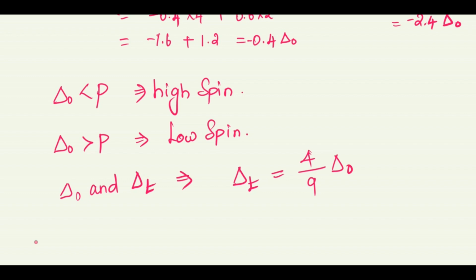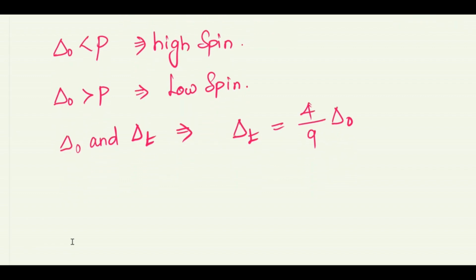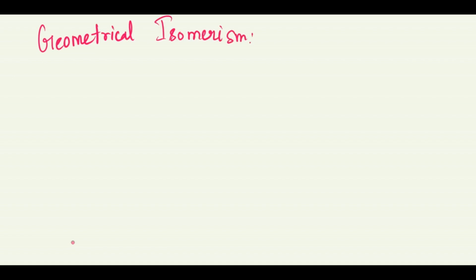As I told you, after finishing the structures, we are going to see the isomerism part. The first isomerism is geometrical isomerism. The questions can be asked by giving the types and asking which can exhibit geometrical isomerism and which cannot.